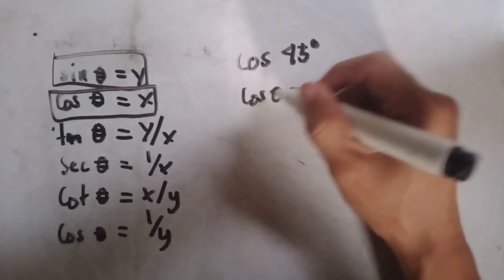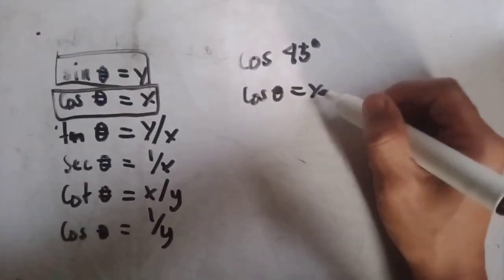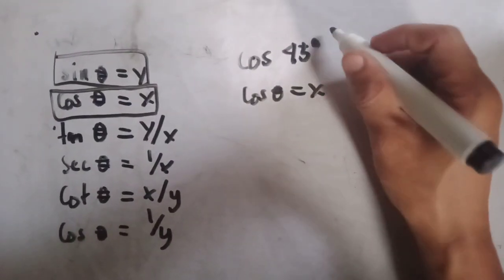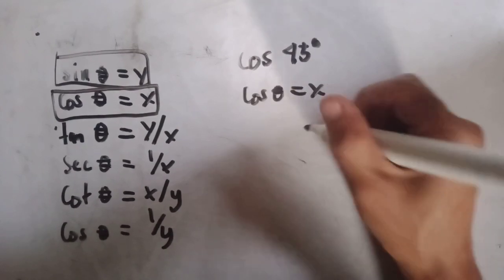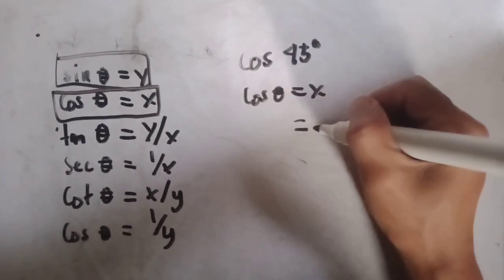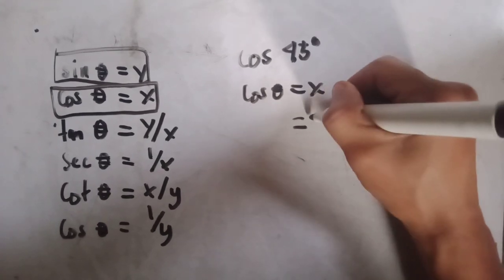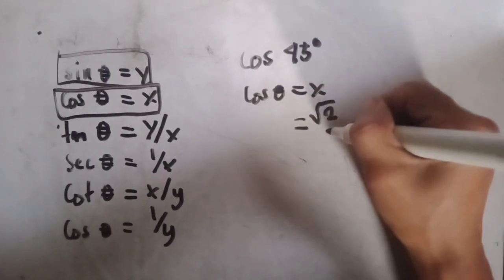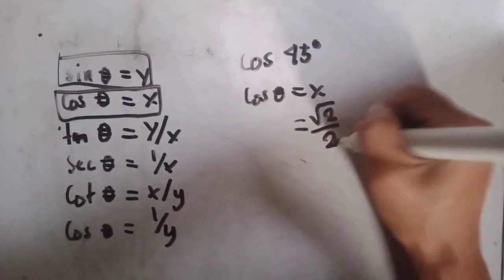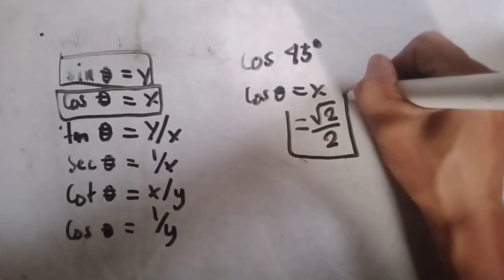So we will use this one to locate the value of 45 degrees in the unit circle. So if you look at the unit circle, the value is square root of 2 over 2. So it is the 45 degrees cosine.